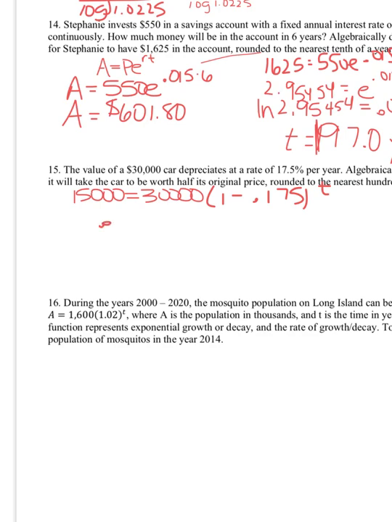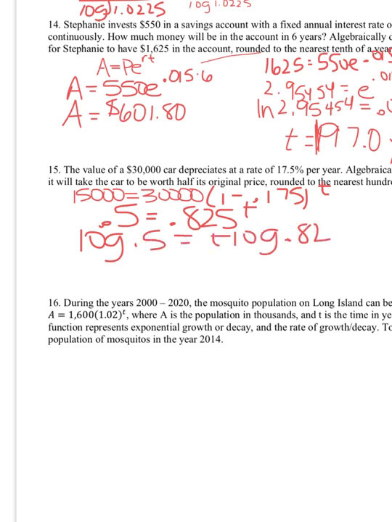Divide by 30,000, you get 0.5 equals 0.825 to the t. Log both sides. t log 0.825. Divide by the log, and you will get t is equal to 3.60 years for number 15.